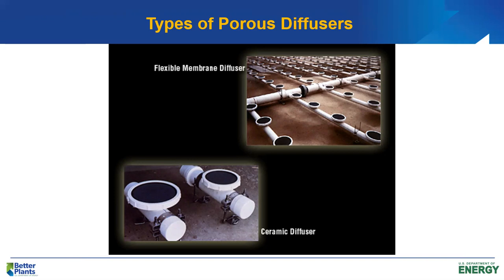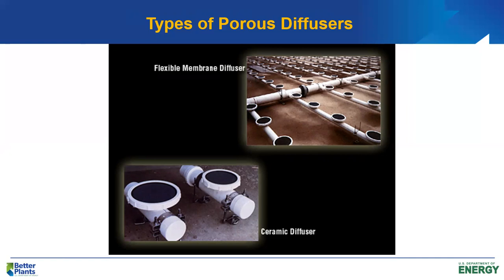They are susceptible to clogging if we get particulates coming through in the air that's supplied to the diffusers. Ordinarily, we're going to have air filters that filter out impurities in the air on the intake side of the blower, and hopefully we'll remove most of the particulates, but some particulates can get through and potentially cause plugging of these ceramic diffusers.